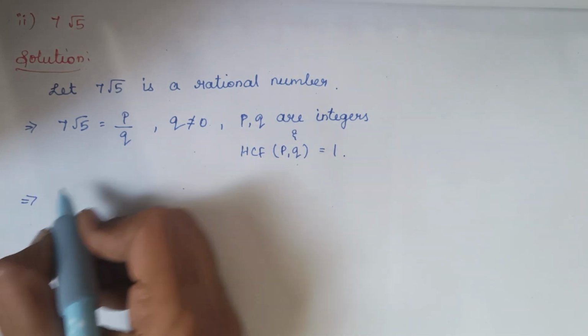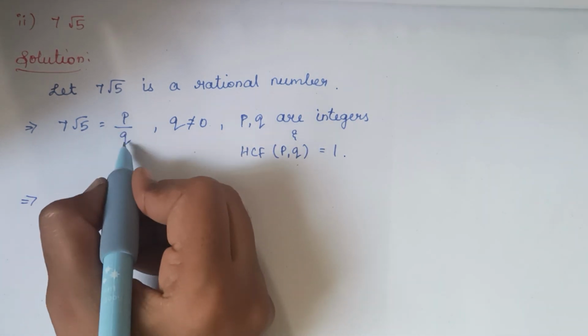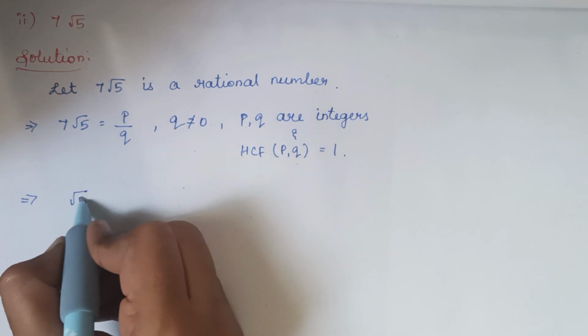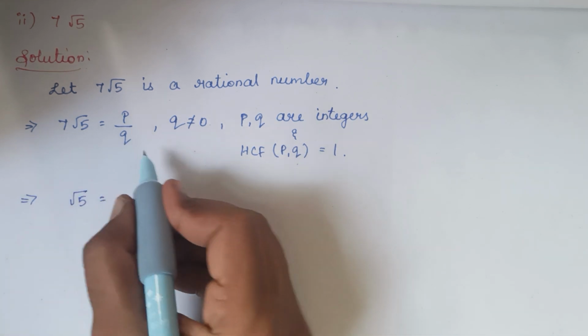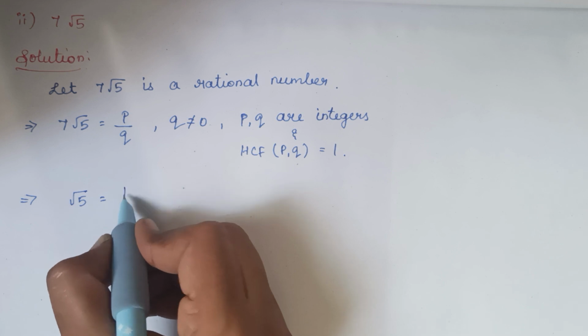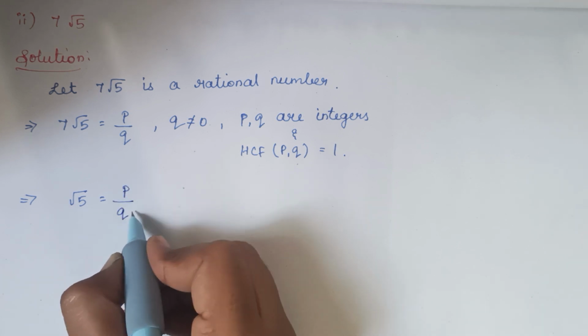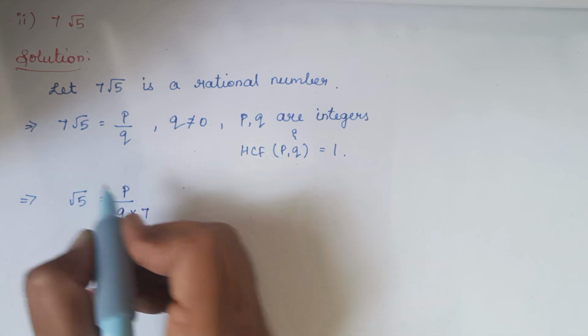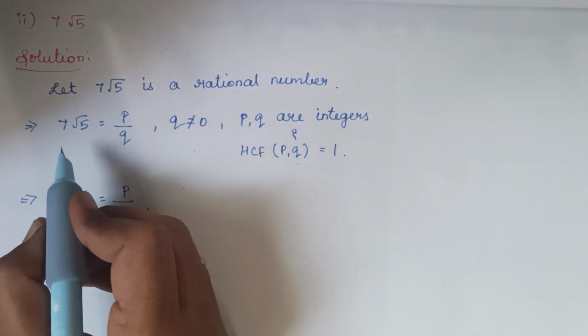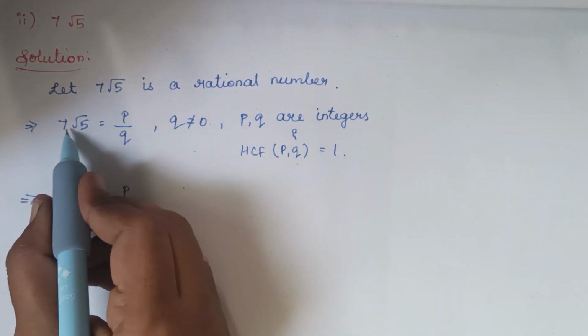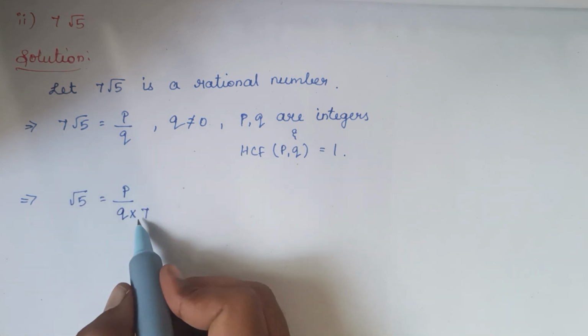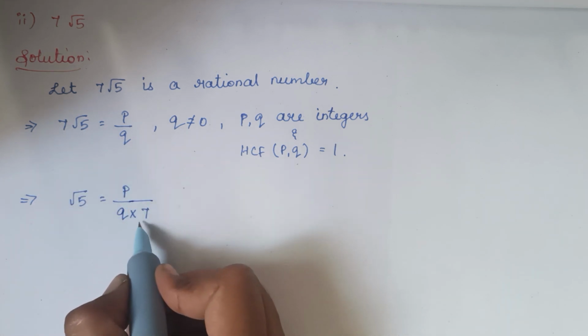Now 7 root 5 is equal to P by Q. So keep root 5, and just take 7 to the opposite direction. Q into 7 is in multiplication form, so when it comes in the opposite direction, it becomes a division symbol.